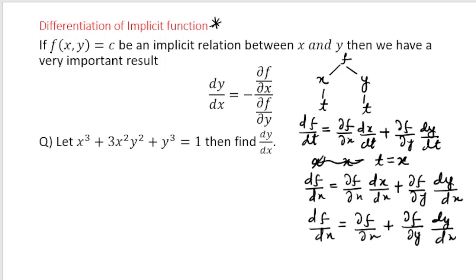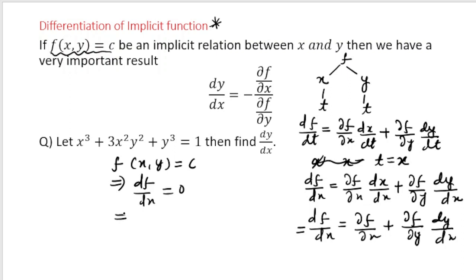So suppose we have a relationship like this, f(x,y) = c, then if I find df/dx, this will become 0, right? Let me write over here to avoid the confusion: if f(x,y) = c, then df/dx will be equal to 0.